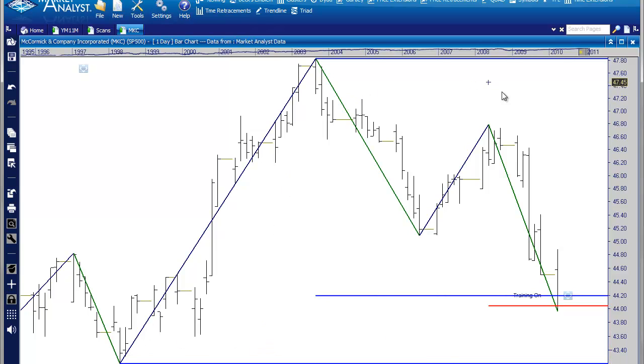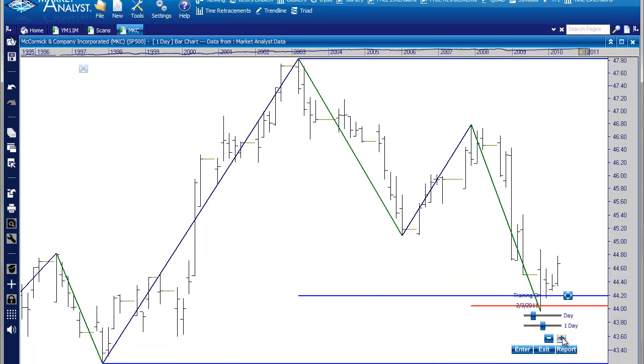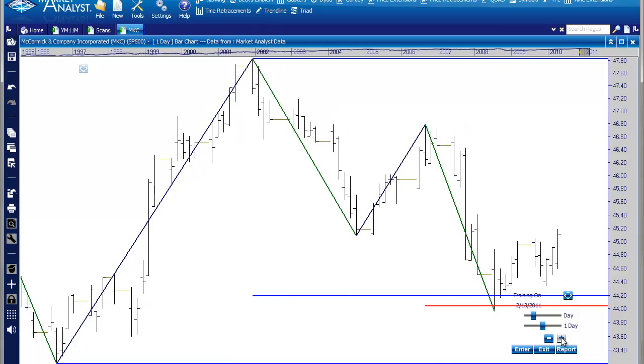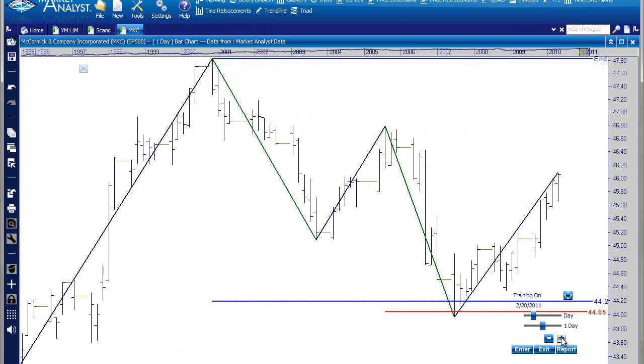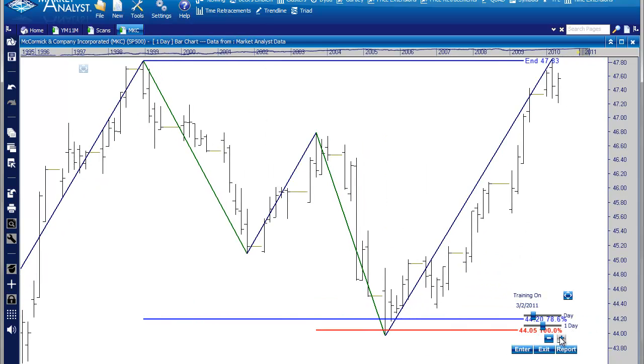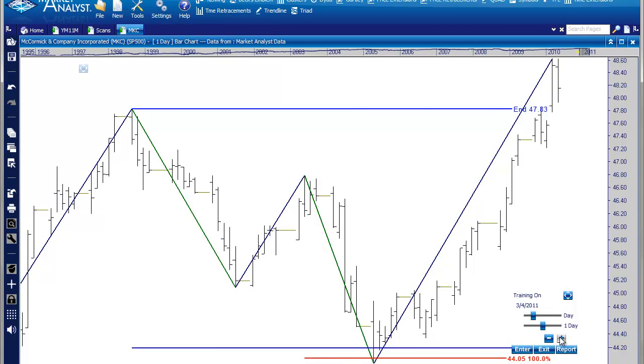We add some more bars. And we'll see what happens. Okay, so that's the price action as of today.